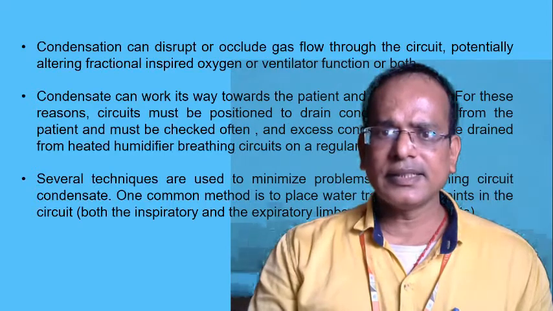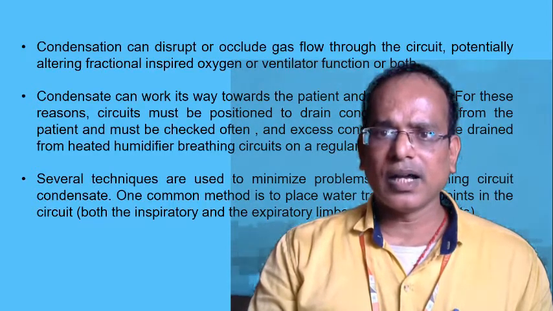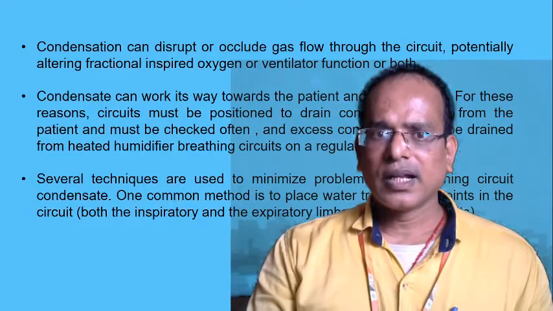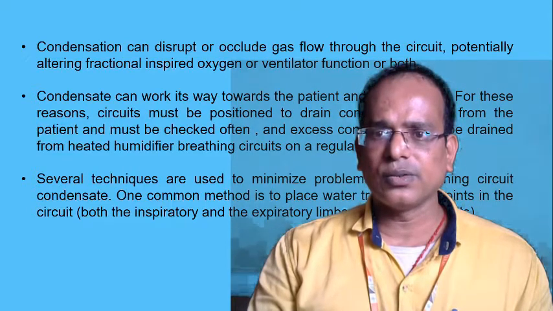Condensation can disturb or accumulate in the gas flow through the circuit, potentially altering fractional inspired oxygen or ventilator function or both. Condensate can work its way towards the patient and be aspirated.